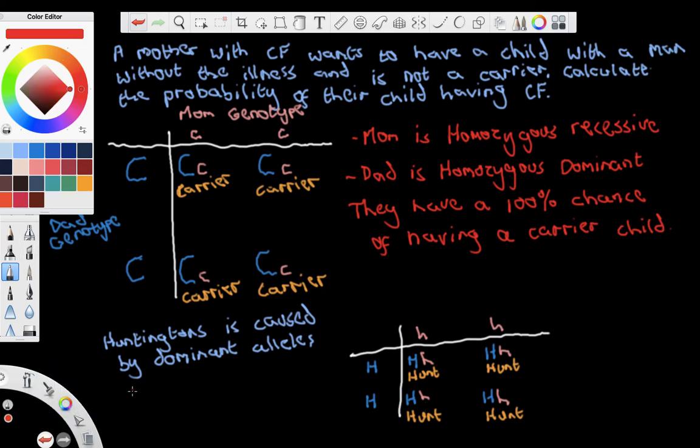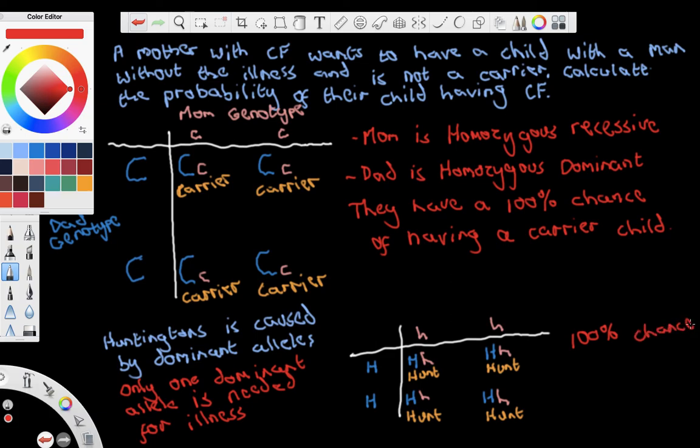So I'm just going to write here, it's important, only one dominant allele is needed for the illness, therefore we can say they have a 100% chance of having a child with Huntington's.